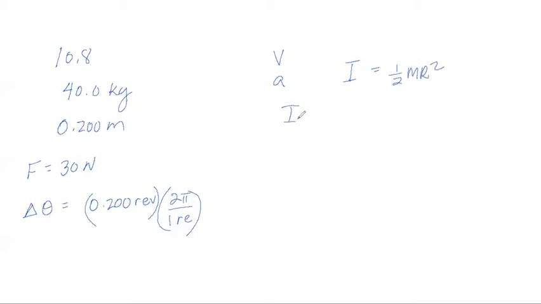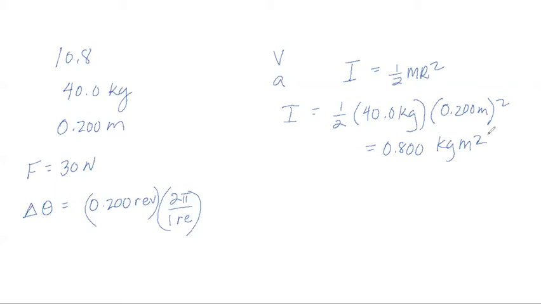So I is going to be equal to 1/2 times 40 kilograms times 0.200 meters quantity squared. I is going to be equal to 0.800 kilograms times meters squared.